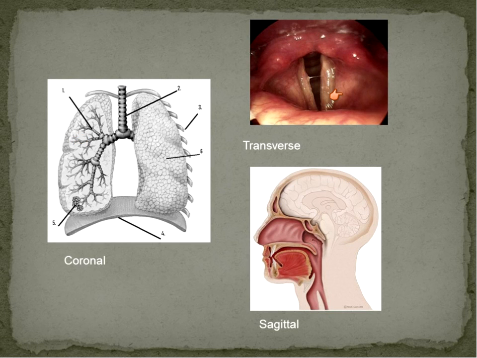This is a transverse depiction of your vocal folds, as though you're looking through an instrument placed through your nostrils, your nares, down your pharynx, and you're looking at a picture in a horizontal plane in your throat. Sagittal would be if you're slicing the body into two halves, left and right, and so this is a sagittal view. Questions?